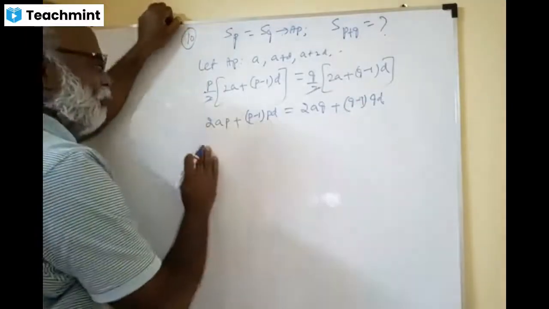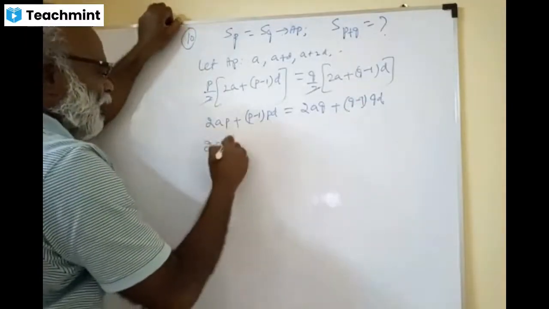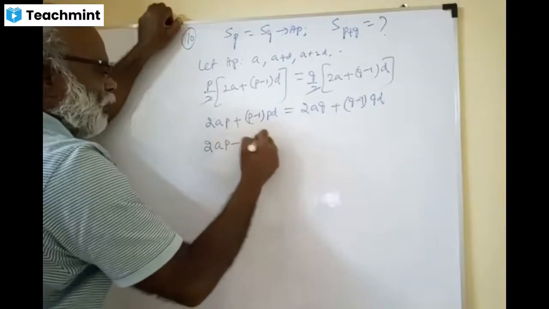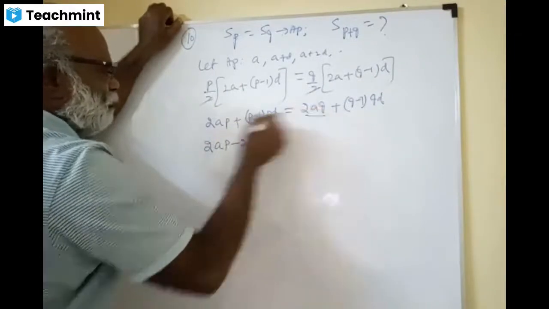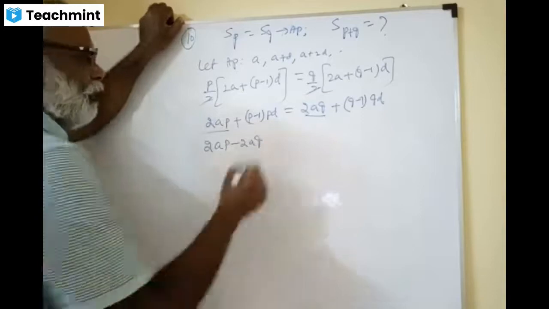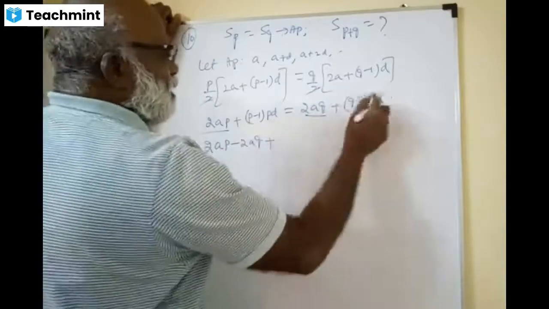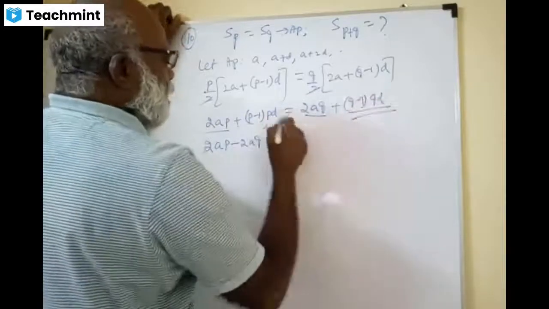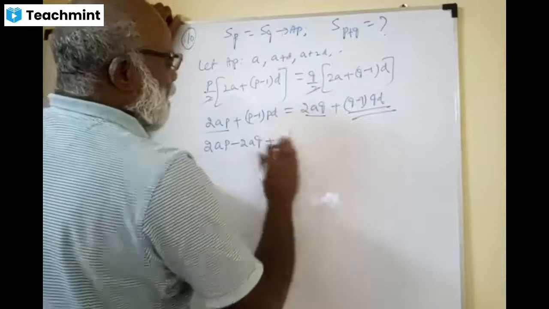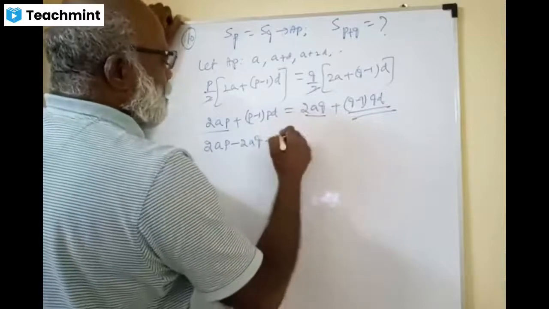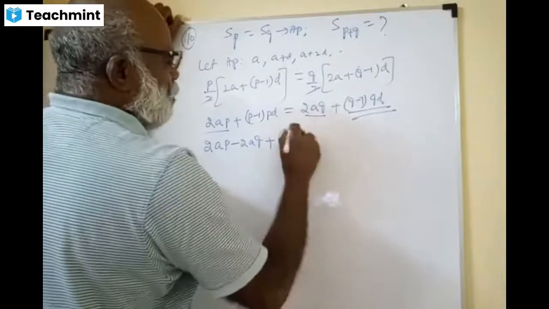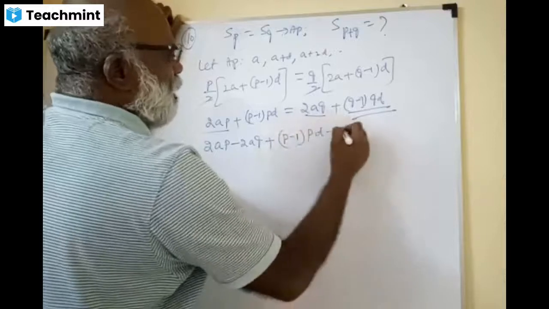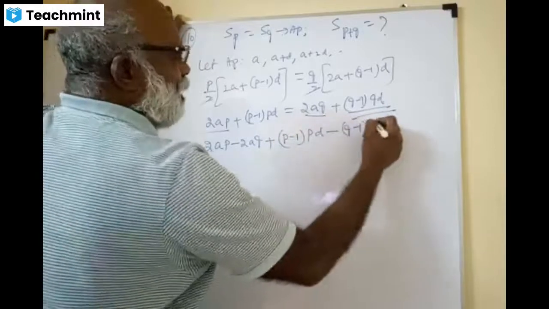Bring everything to one side, please. 2AP minus 2AQ, because this is the A category, plus D is common here. Take D common. Okay, do it slowly. P minus 1 into PD minus Q minus 1 into QD.